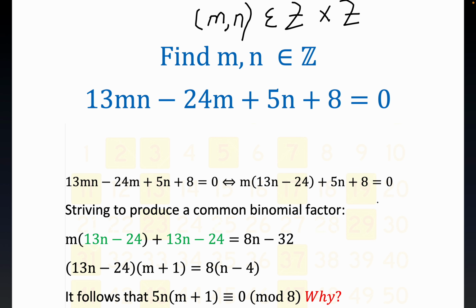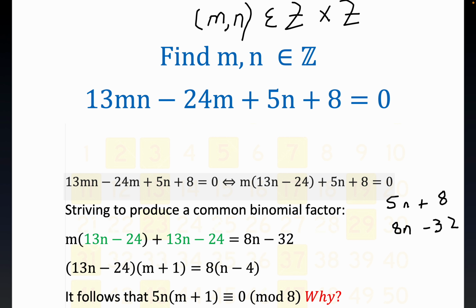It even has a name, I think. But notice that if you take 5n plus 8, and you add 8n to it, minus 32, and this is just kind of an inspection thing, you get this value right here. 8n plus 5n is the 13n that you see right here.